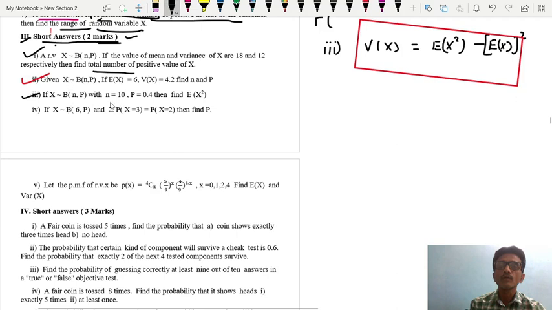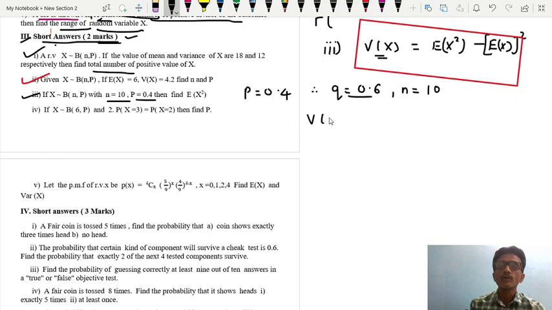What is given here? n is given, p is given. As p is equal to 0.4, therefore q is equal to 1 minus p, that is 0.6. n is equal to 10. So we can find V(x).